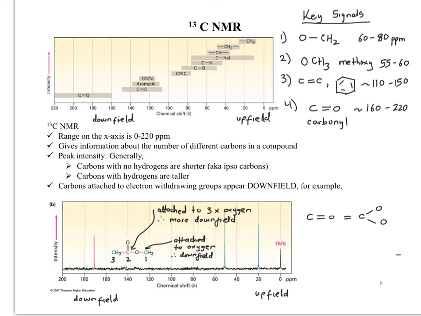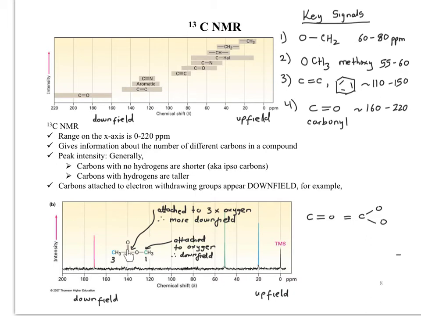So based on this range and where the carbons appear, depending on whether they're attached to an electron withdrawing group or not, we can see here we have 3 different carbons. This is attached to a carbon. This carbon is attached to 2 oxygens here and then 1. This carbon is attached to 1 oxygen. The more electron withdrawing groups a carbon is attached to, the more downfield it's going to be.